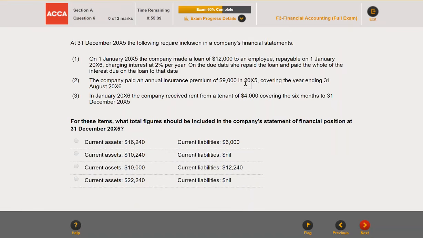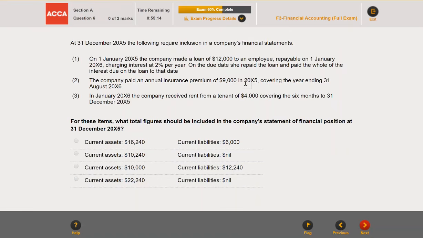The company paid an annual insurance premium of 9,000 in 2015, covering the year end 31st August 2016. In January 2016, the company received rent from tenant of 4,000, covering the 6 months to 31st December 2015. For these items, what total figures should be included in company's statement of financial position?